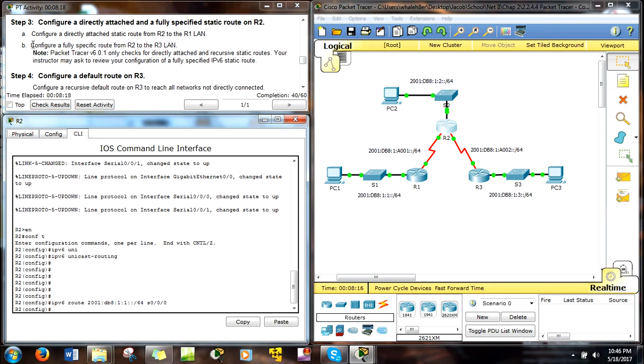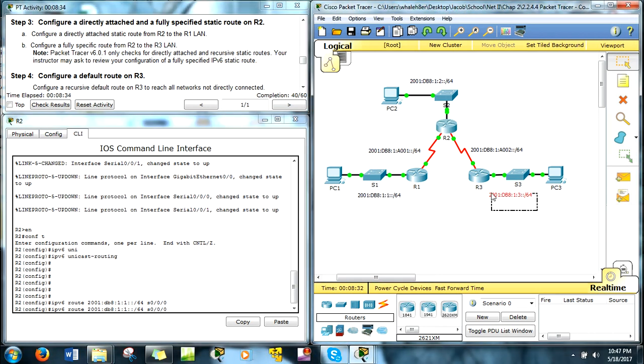Okay, configure a fully specified route. That means exit interface and the next hop router. So hit our up arrow for R3. So what network are we trying to get to? We're trying to get to this one down here because that's the only other one that R2 doesn't know about. 2001 DB8 3.